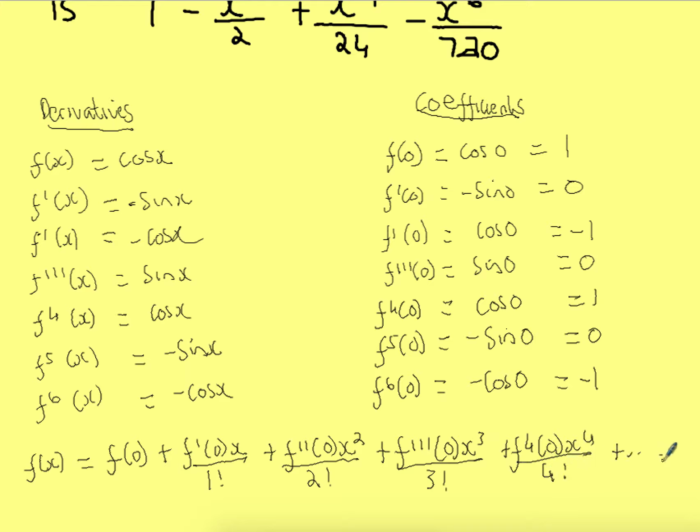So you get two terms left, the fifth derivative at 0, x to the power of 5 over 5 factorial, and the sixth derivative when x equals 0 of x to the power of 6 over 6 factorial. So that's what you've got to go for.